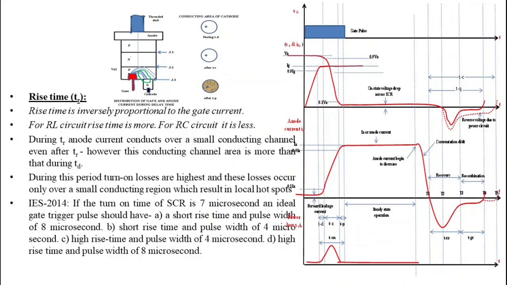Here in the characteristic, during rise time, both anode current and anode voltage are high. That's why turn-on losses are high during this rise time.